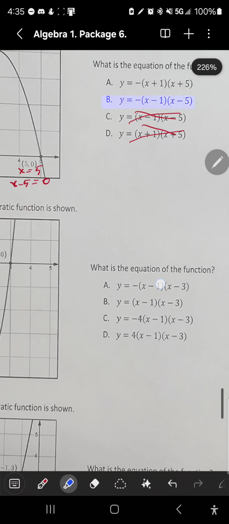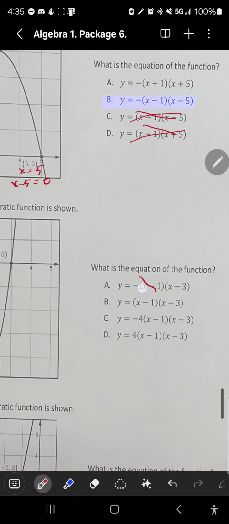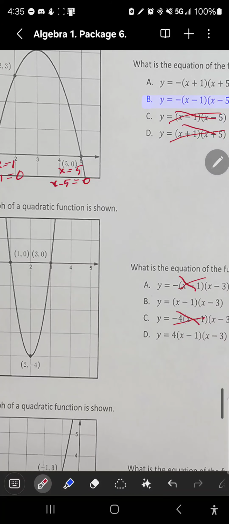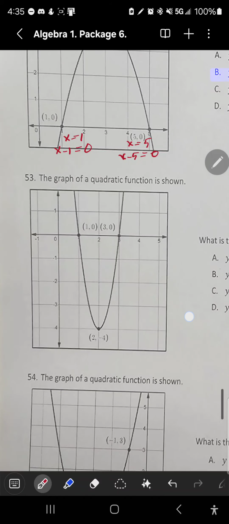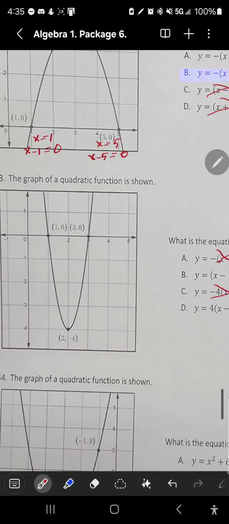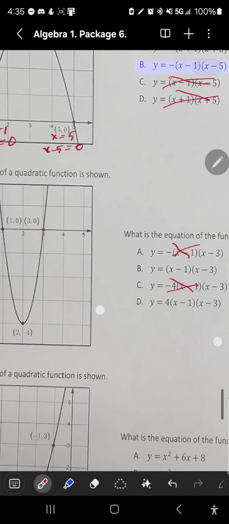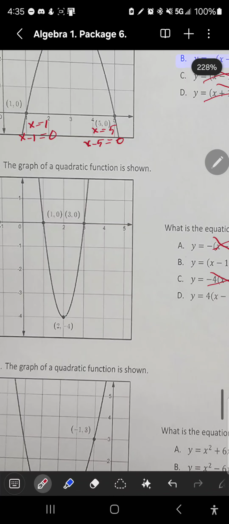Here it is going up, it is positive, so it's not A, it's not C. Now, what I would recommend testing in this case is testing between B and C to see which one will give you the right intercept right here.